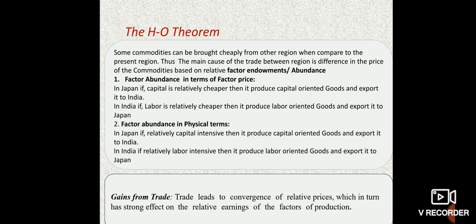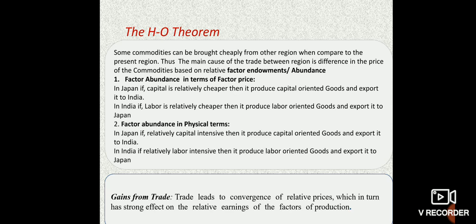So there are two viewpoints or two types of explanations. First, factor abundance in terms of factor price. For example, in Japan, if capital is relatively cheaper, then it produces capital oriented goods and exports them to India. And if in India labor is relatively cheaper than capital, then it produces labor oriented goods and exports them to Japan. Suppose capital is more abundant and labor is less abundant, and if Japan produced labor oriented goods, then what happens?